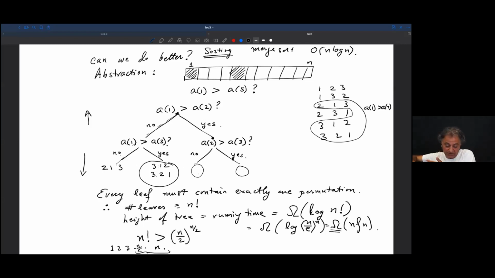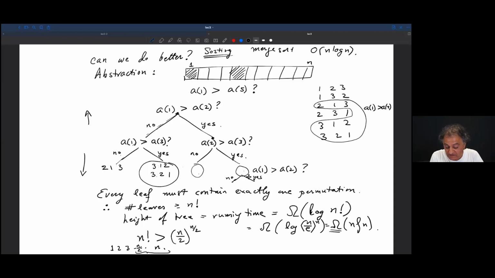So for example, what I could do is, after going down here, I could again do a comparison. Is A1 bigger than A2? And then the answer could be no or yes. Well, there's no permutation that can possibly go down this way, right? Because we already did A1 greater than A2.